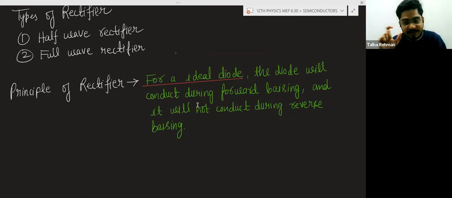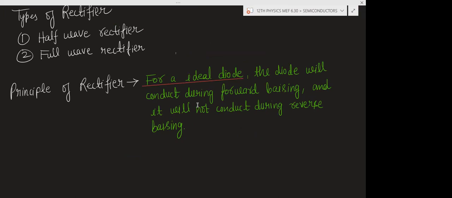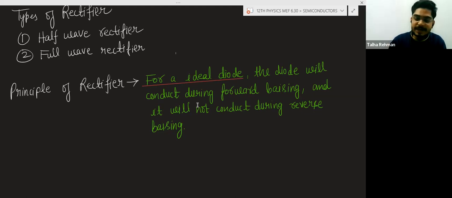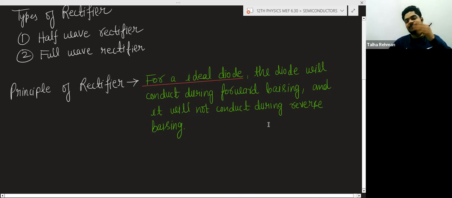But in case of the reverse biasing, what happened there? The potential barrier increased, so due to that, the current decreased. And the current is due to only minority charge carriers. So basically for an ideal diode, we can neglect that value of the current. That is why for an ideal diode, the diode will conduct during forward biasing only, and it will not conduct during reverse biasing, because we already know that in reverse biasing the current is very, very less.